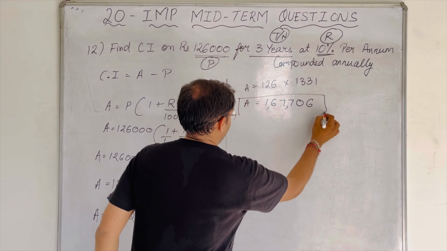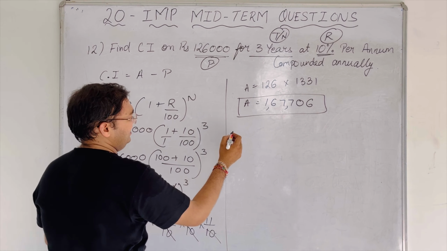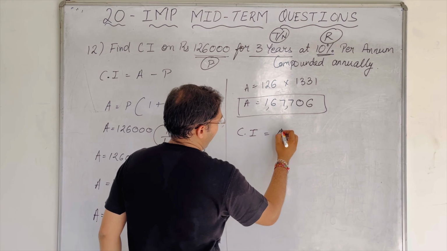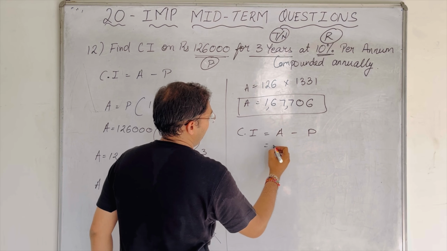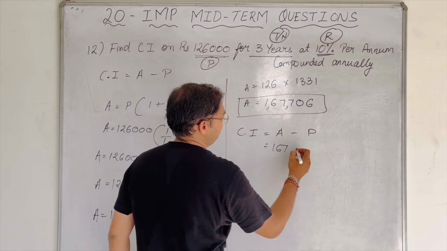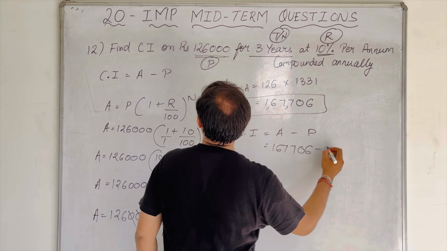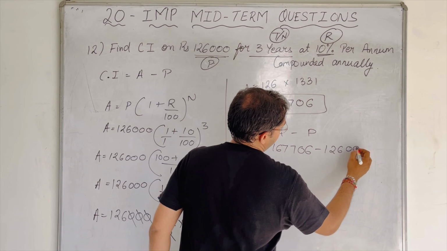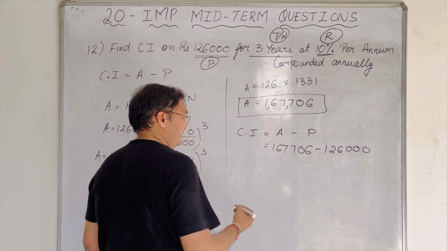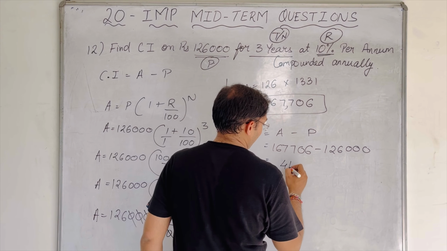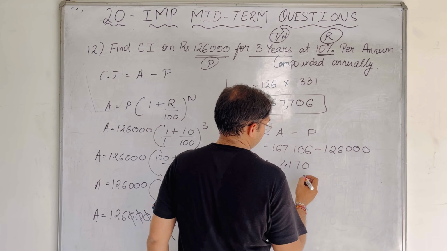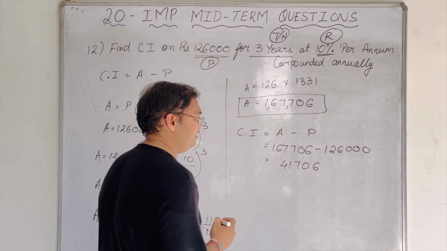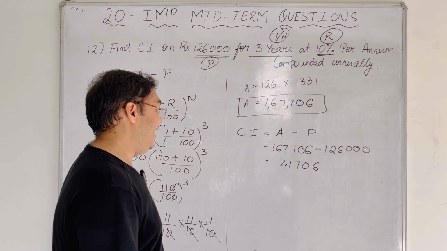I found the amount. Now I can easily find the CI, that is CI equals amount minus principal. What's my amount? 1,67,706 minus 1,26,000. And when I do that, I get the answer, 41,706. 41,706 is my answer.